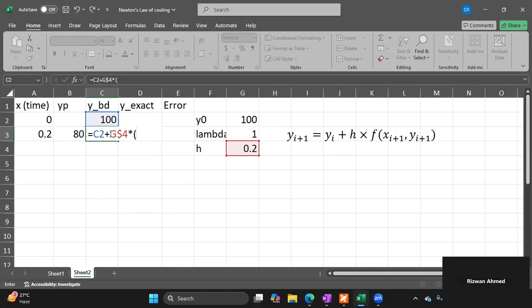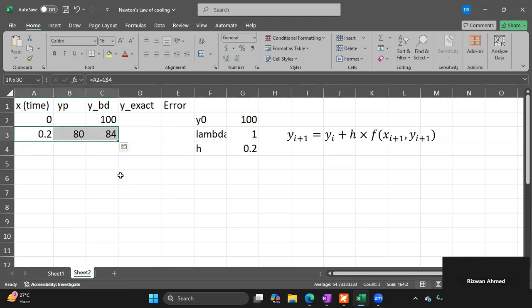So again, the lambda value is at, sorry, minus lambda value, $3, times the y value at the current step, which is beside this cell. And that's it. So the value is 84. We can repeat all that process for the next steps in time, right? This is known as a calculation in a loop. So this pattern of calculation should be repeated.